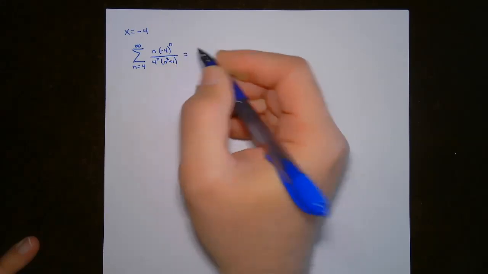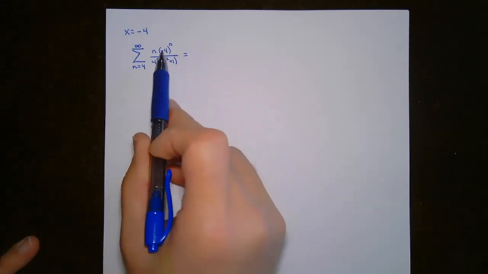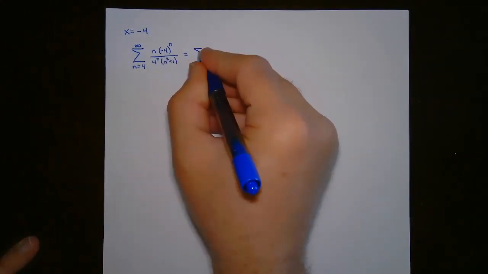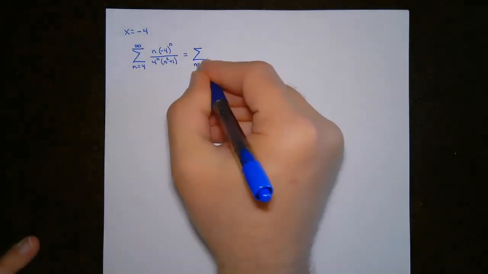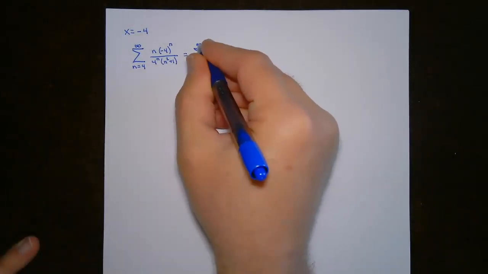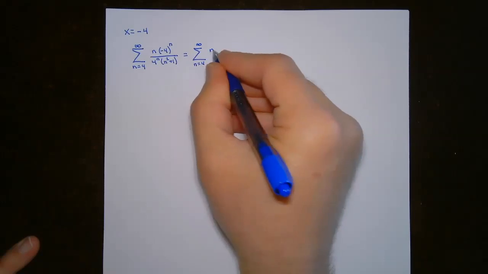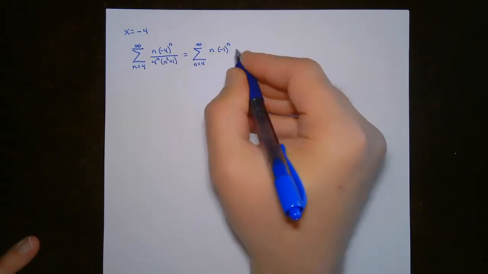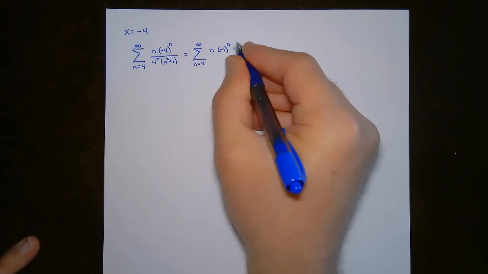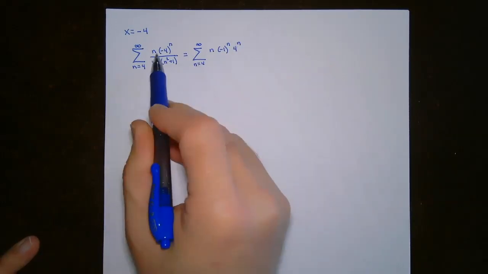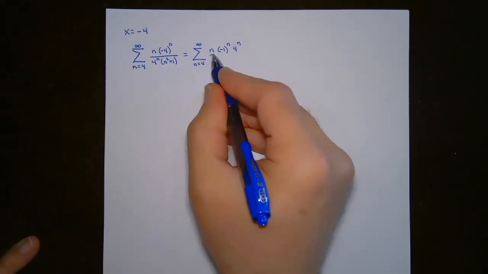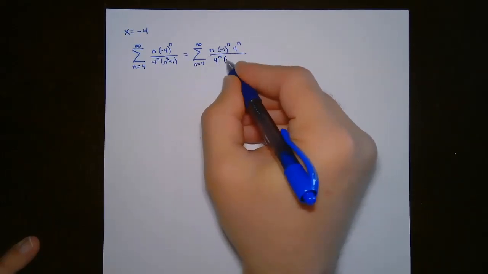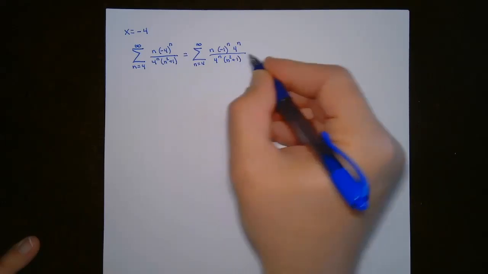Okay, so we're going to clean this up a little bit. This is really negative 1 times 4. So we could rewrite this series as the sum from n equals 4 to infinity of n times negative 1 to the n times 4 raised to the n over 4 to the n times n squared plus 1.